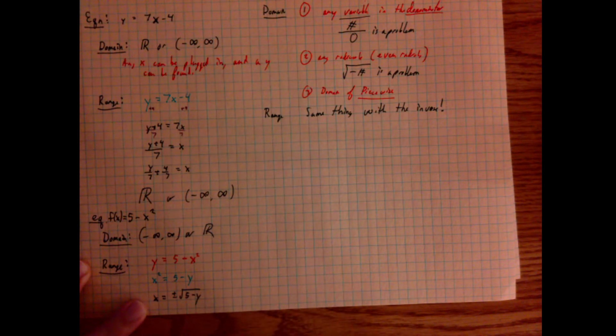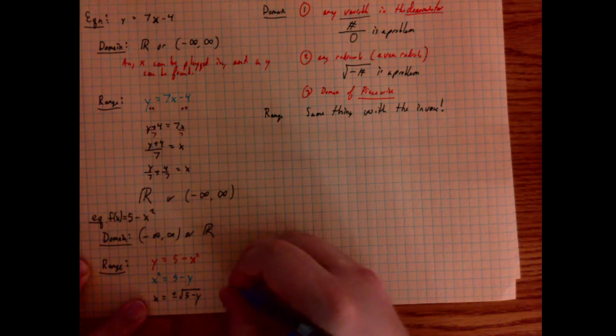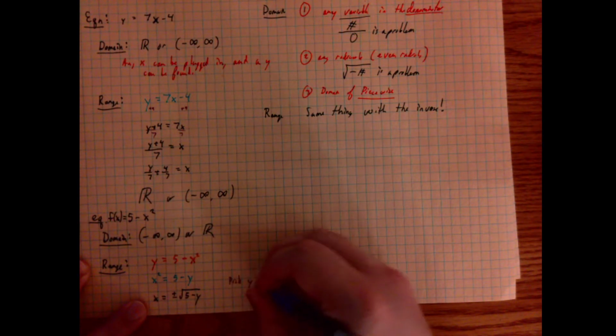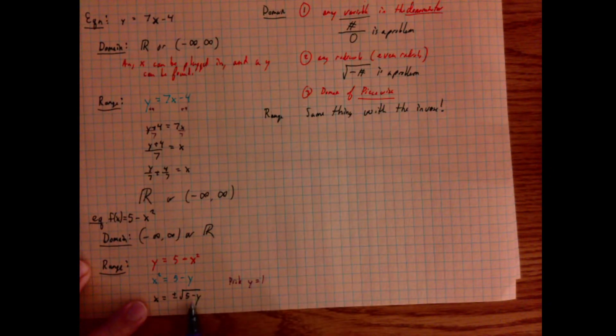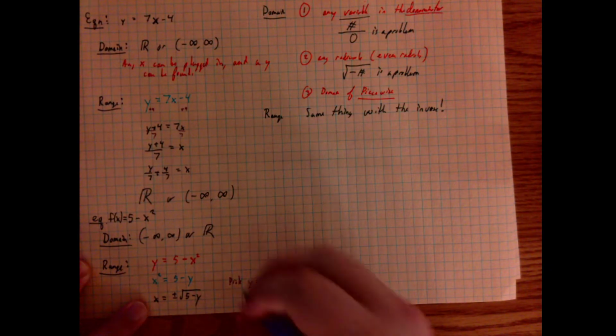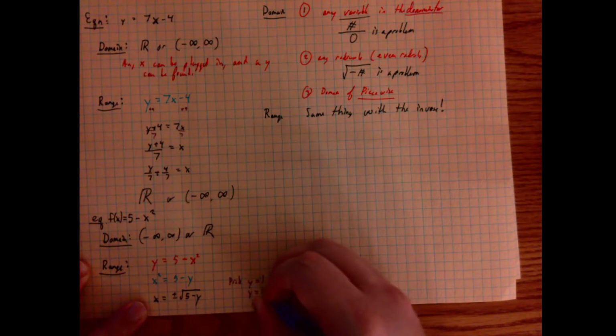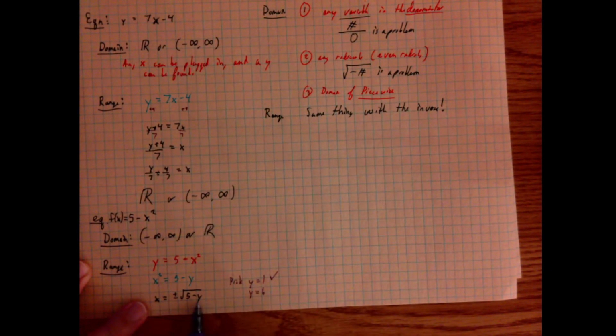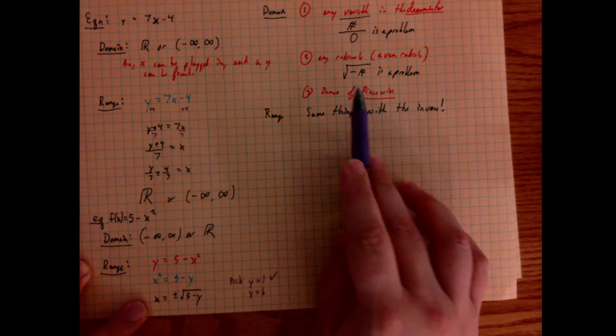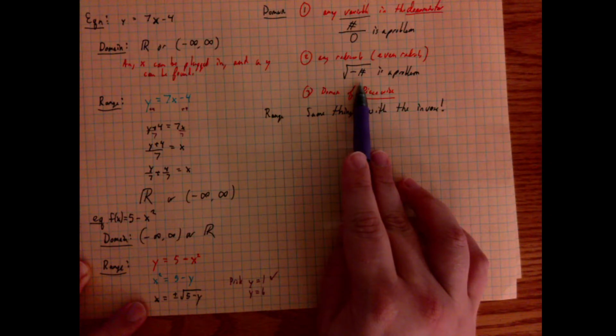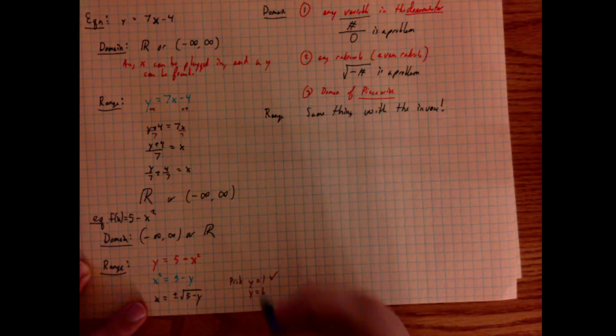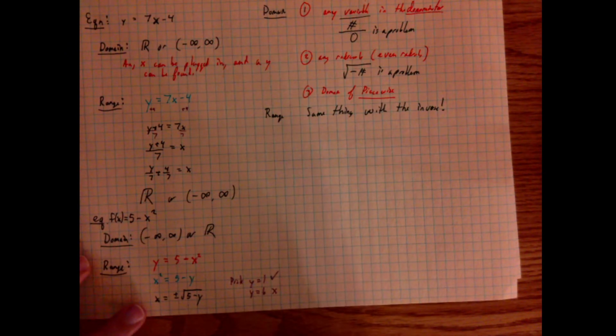For example, if I pick the number y equals 1, then I end up with 5 minus 1, which is 4. That's acceptable. But if I pick y equals 6, 5 minus 6 is negative 1. And you can't do a negative radical without staying real. Like, you have to go to imaginaries. And so this one fails.